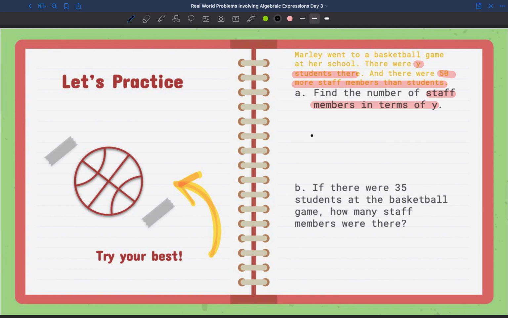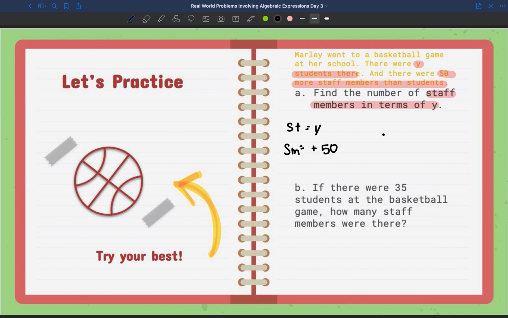Okay, so there were y students, oops, I wrote that backwards. There were y students, and there were 50 more staff members than there were students.